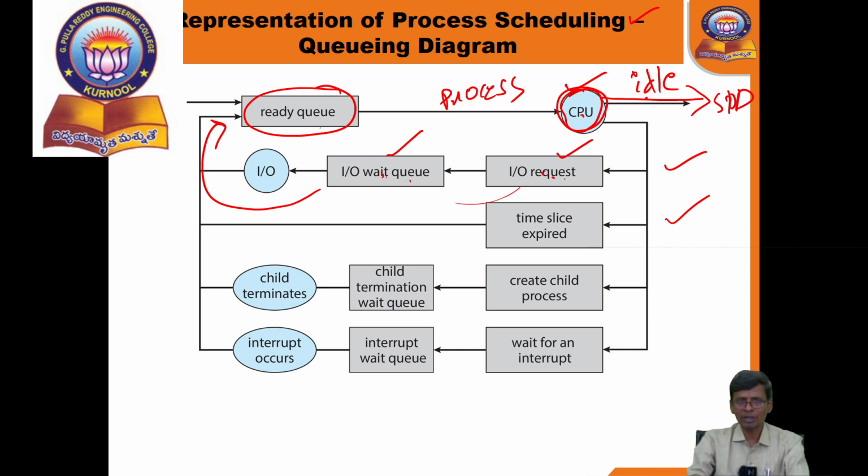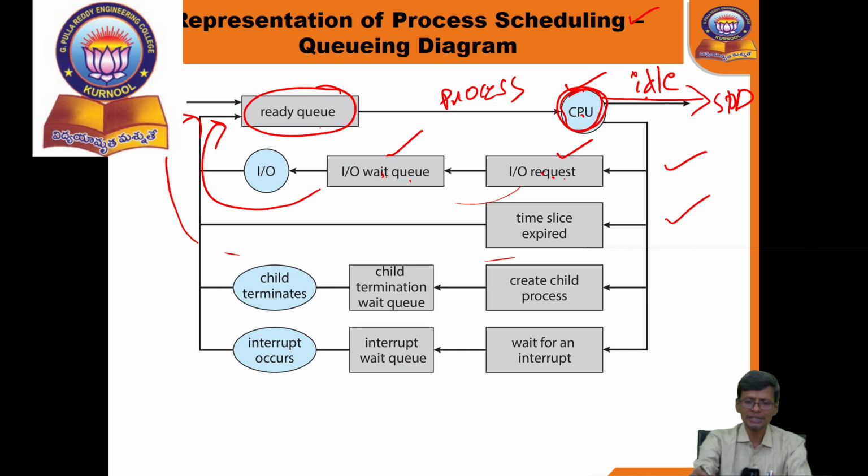If its time quantum expires, automatically the CPU will be given to the next process. So while executing, if the time slice is expired, the current process execution will be stopped and the CPU will be given to another process. At that time, the first process again will be placed in the ready queue. So this is the second situation we can have.